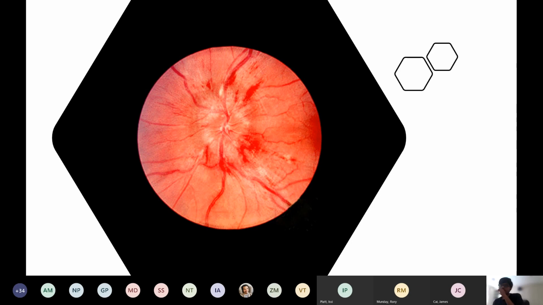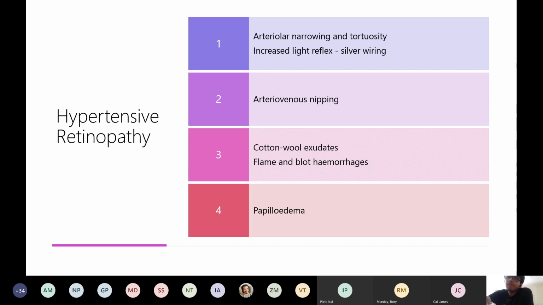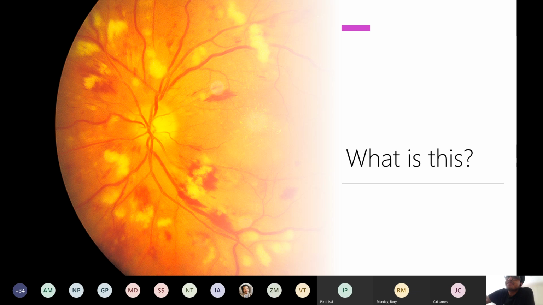So this is papilledema. What's the distinguishing thing about papilledema? Yeah, you have the blurring of the optic disc's margins. So if we go back for a second, can you see how it's quite clear where the optic disc is in this picture?